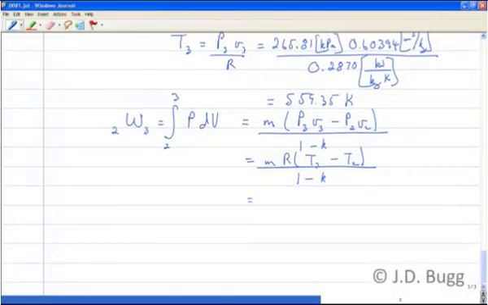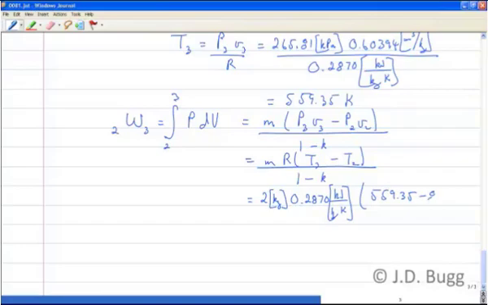So we just need to put our numbers in here. 2 kilograms. Gas constant, 0.2870 kilojoules per kilogram Kelvin. Temperature difference, 559.35 minus 800, both Kelvin, all over 1 minus 1.37.